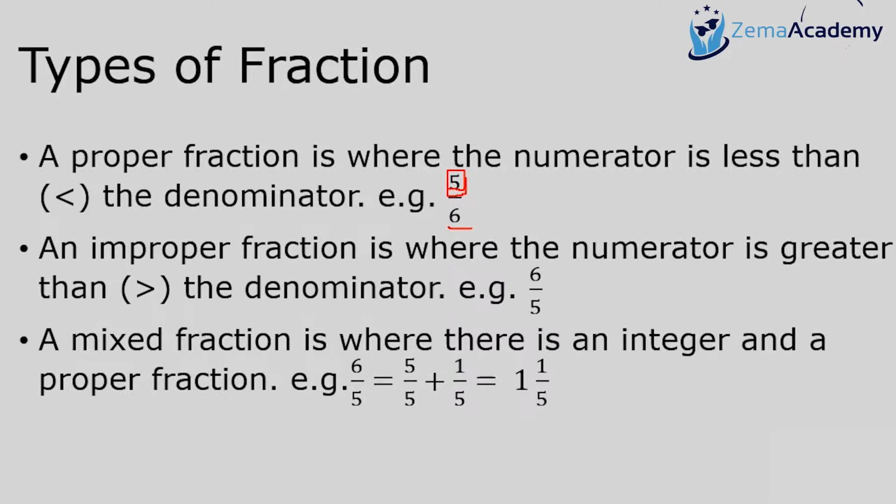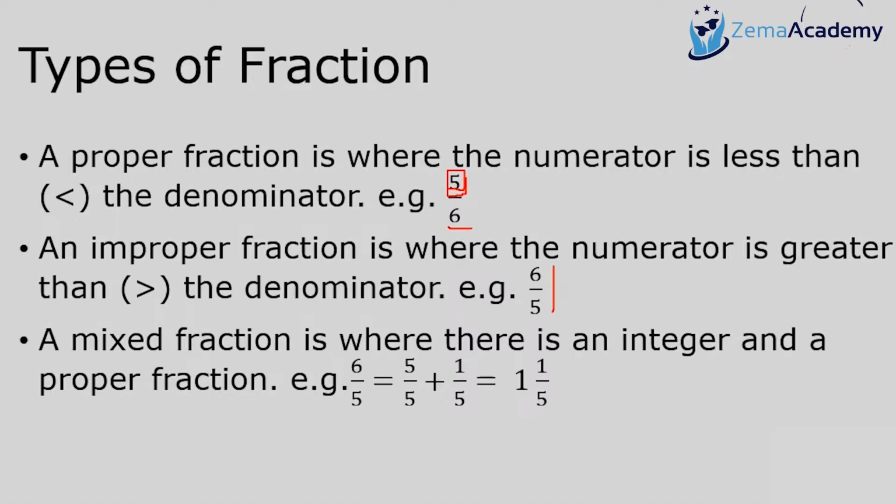An improper fraction is where the numerator is bigger or greater than the denominator, such as this one, 6 over 5. 6, the numerator, is a bit bigger than the denominator, and that makes this an improper fraction. Now, we can turn an improper fraction into a mixed fraction, and I've got an example here.